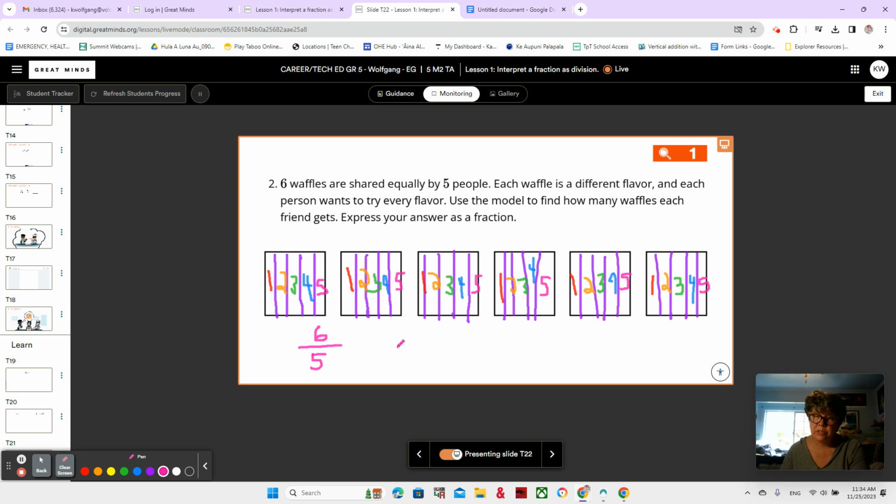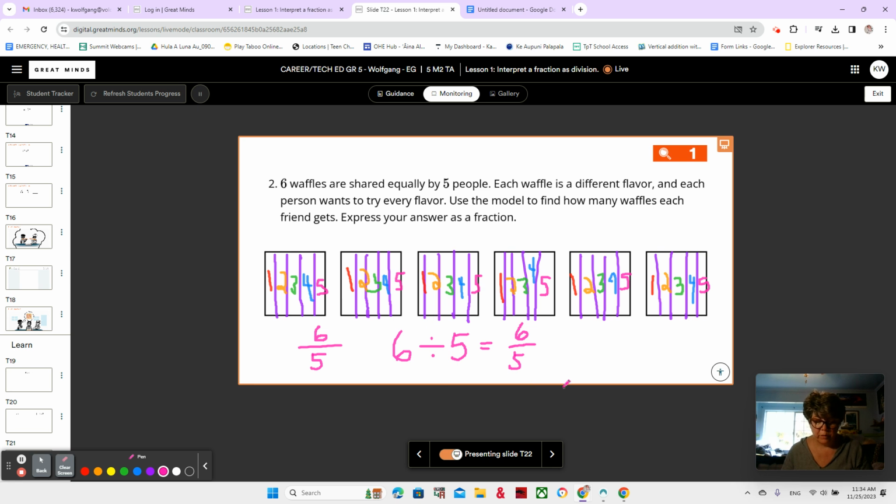What division equation can we show? 6 waffles divided among 5 people equals 6 fifths. If you're concerned because the number on the top is bigger than the number on the bottom, that's okay for now because what we're focusing on is our division problem.